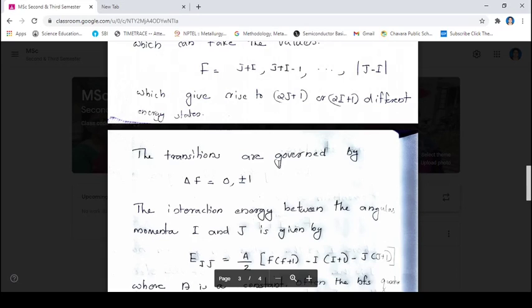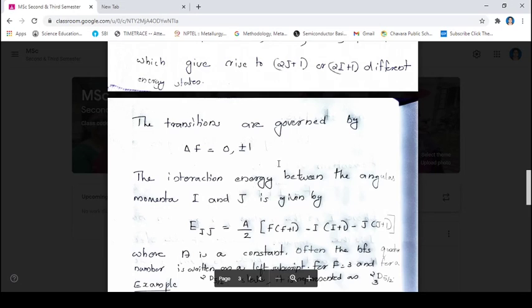The selection rule is delta F equal to 0 or plus or minus 1. These transitions are responsible for the multiplicity, or the expanded view, of the structure of spectral lines.